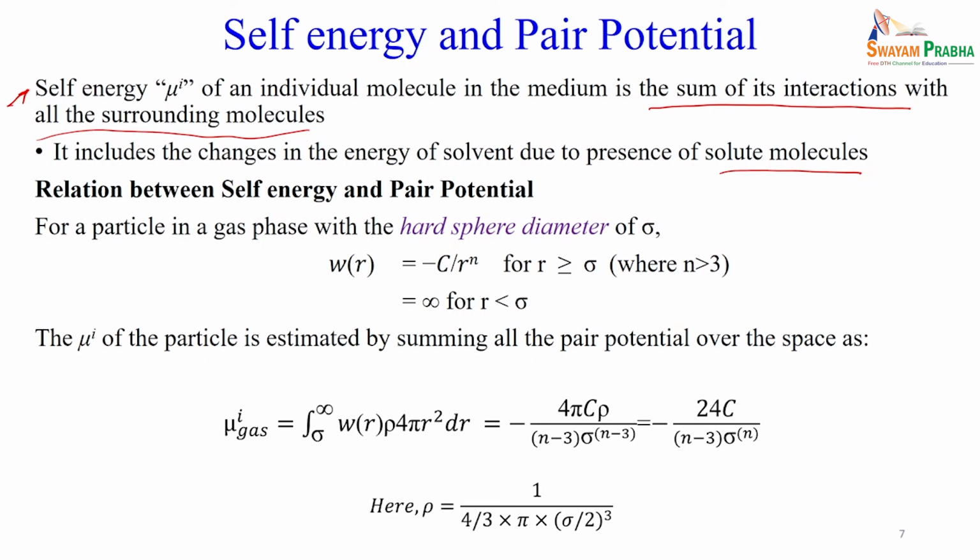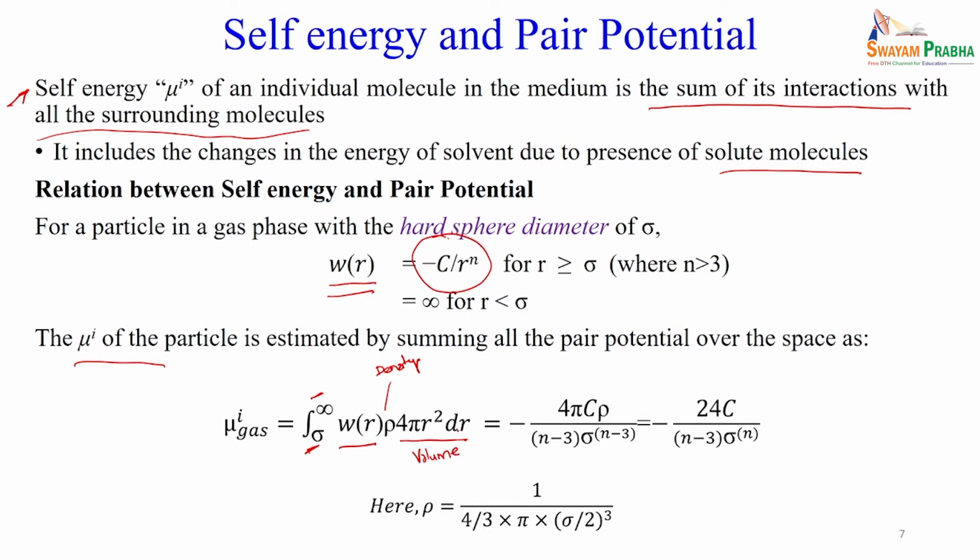Now, as you remember, this is the simple pair potential defined as C over r to the power n. If you want to calculate the self energy, you have to integrate from the size of the particle, sigma, to infinity. So, this is the pair potential, this is the density, and this is the volume.